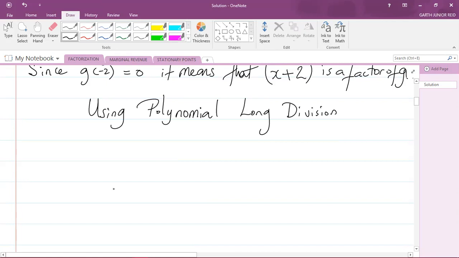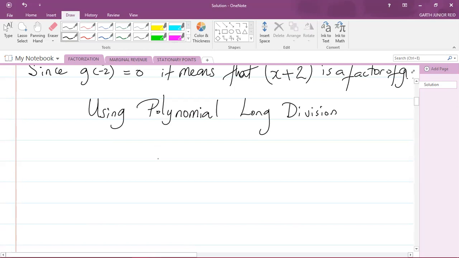Great. So what I want to do now is to divide g of x by the factor x plus 2. And since we know that x plus 2 is a factor of g of x, when we divide g of x by x plus 2, it means that our remainder must be equal to 0. That 0 that we got as the output is actually our remainder. So let's do our division here.